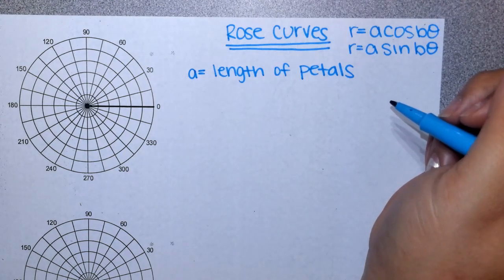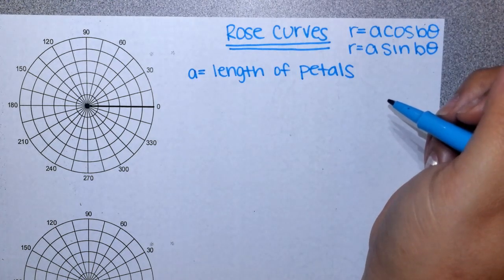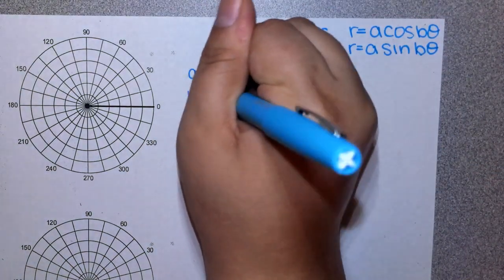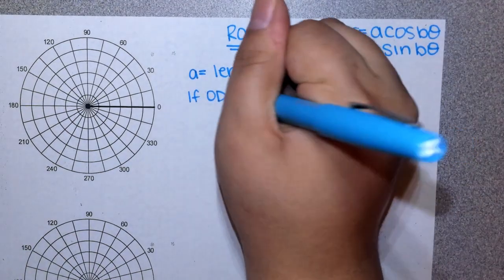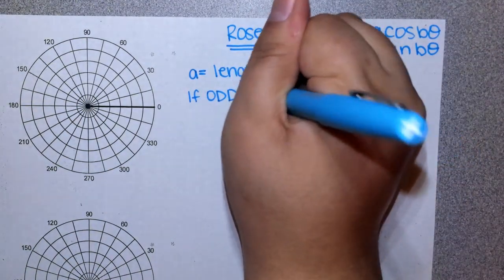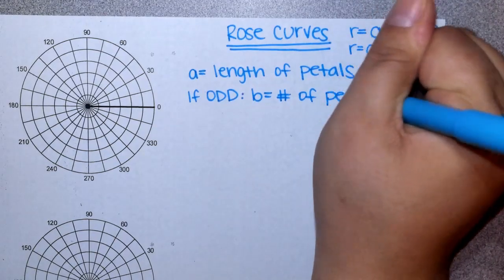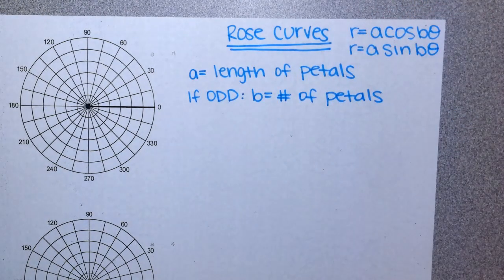Okay, always? No, because if it's odd, it depends, right? So if odd, what did we learn? B is the number of petals. If odd, B equals the number of petals.